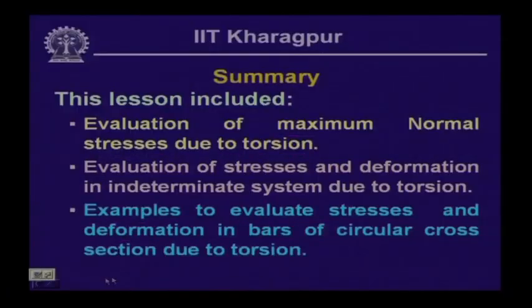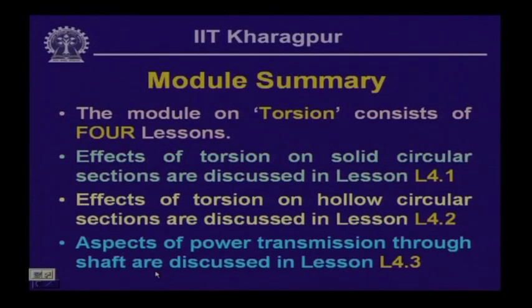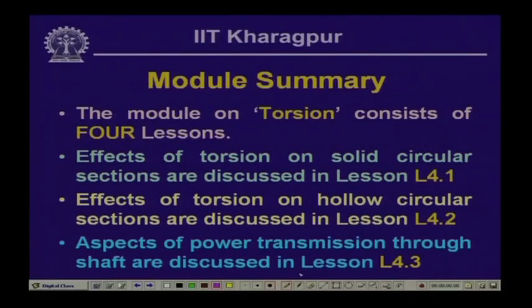For an indeterminate system, apart from the equations of equilibrium, you need the equation of compatibility as well, and then you can evaluate the internal resisting twisting moment and compute the stresses. So, in fact, this is the last lesson of the module on torsion. We had 4 lessons in this module.